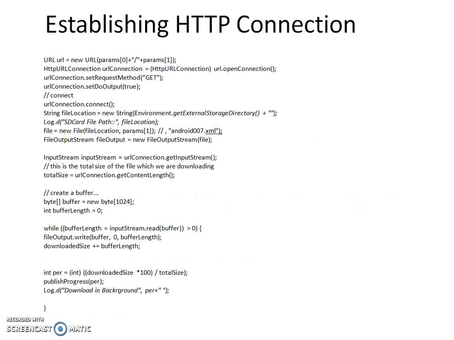I'll show you the simple program that we have done. Here you will see the request method is GET, and we are doing setDoOutput(true). It means that we want to send some data to the server, and then we are connecting to the server.